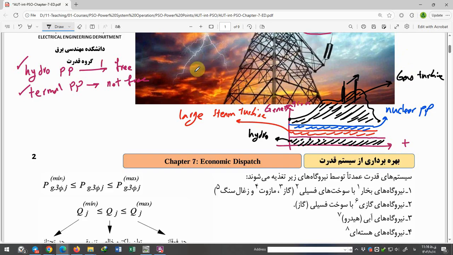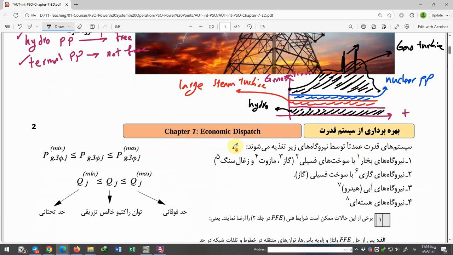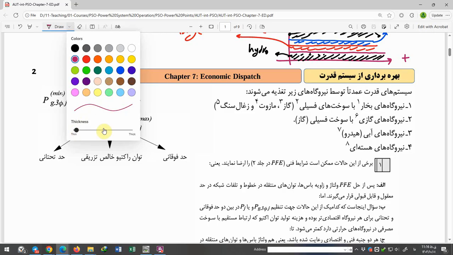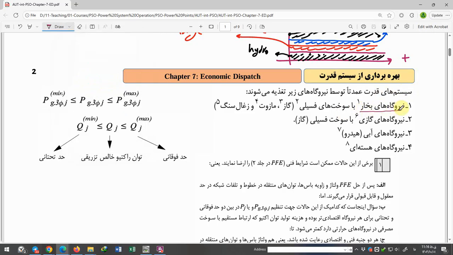This is a fundamental of base load generators and an overview of generators. We have to run economic dispatch in this chapter, but in this part we introduced a steam turbine.